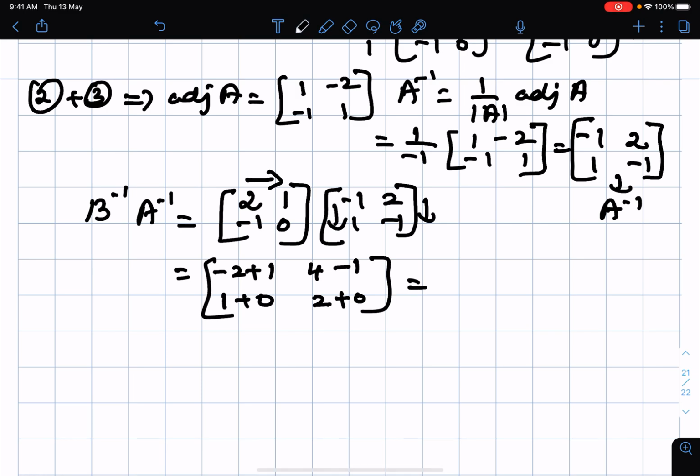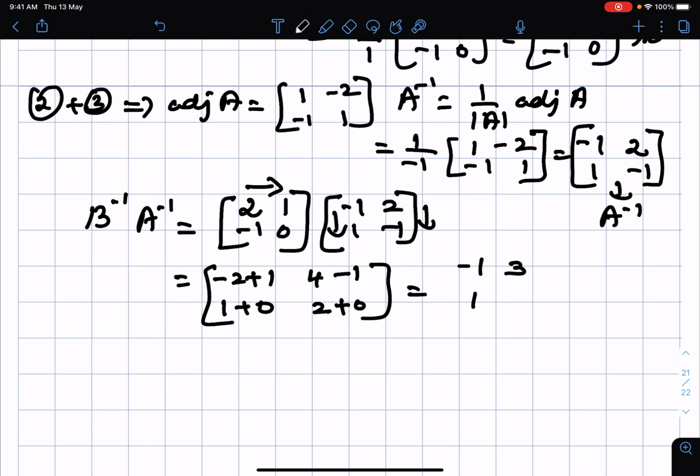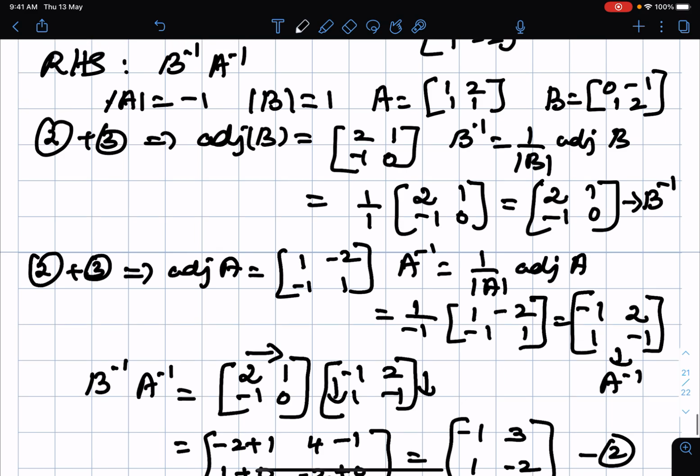now your answer is going to be minus 1 3 1, and here it is minus 1 means minus 2, so minus 2. Now this is 2. What is our 1?